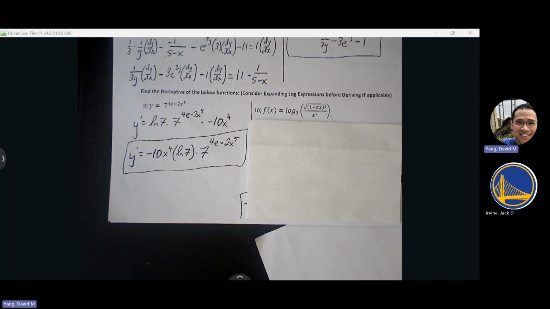This one is not a perfect square. It's okay. It still works.